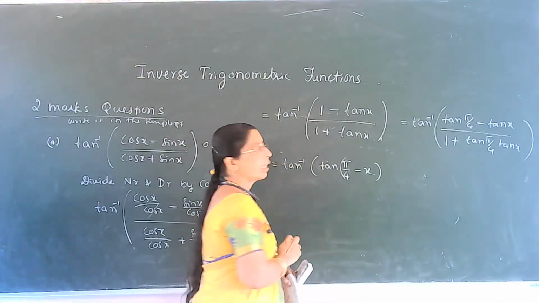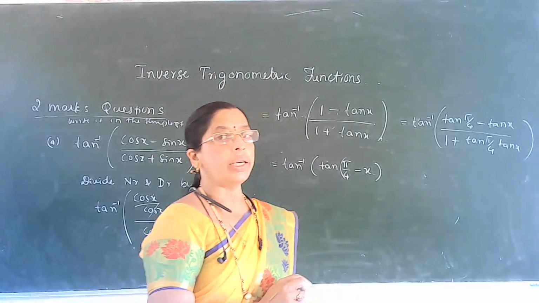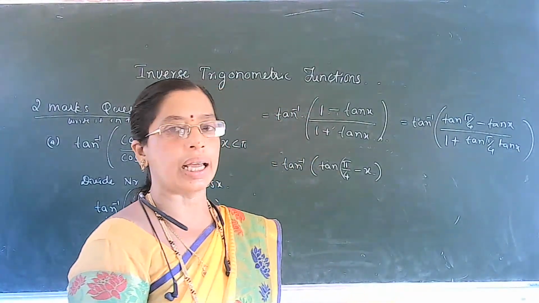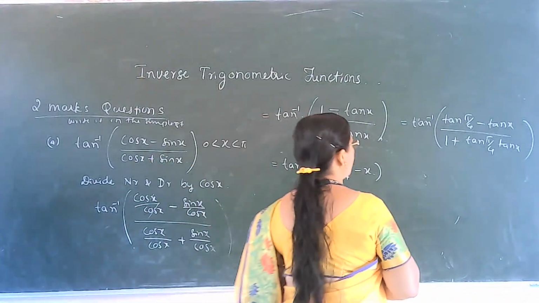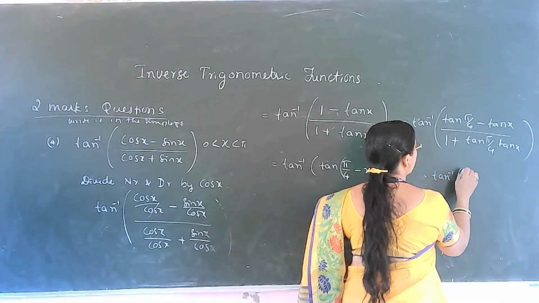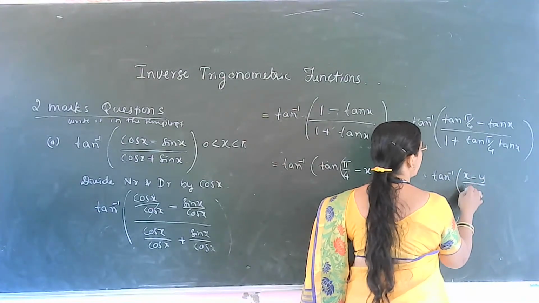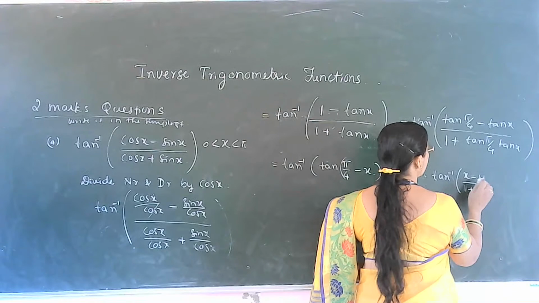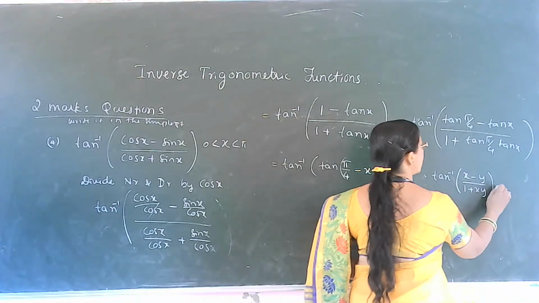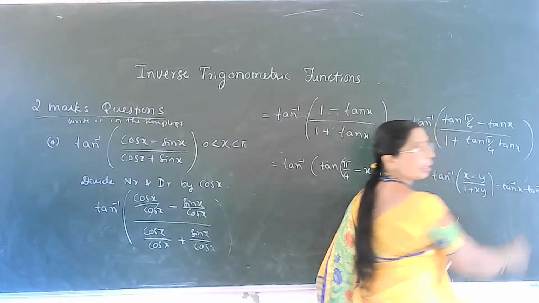Therefore, we can write this as tan 5 by 4 minus x by using tan x minus tan y divided by 1 plus tan x into tan y. Tan inverse of x minus y divided by 1 plus xy is equal to tan inverse of x minus tan inverse of y.